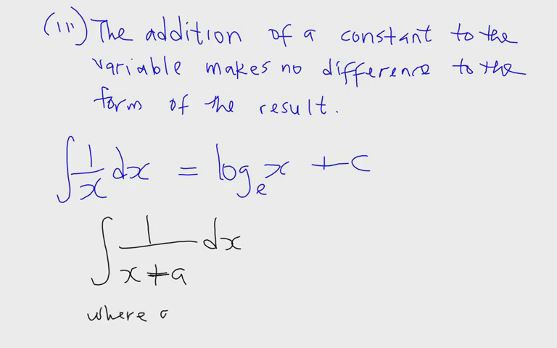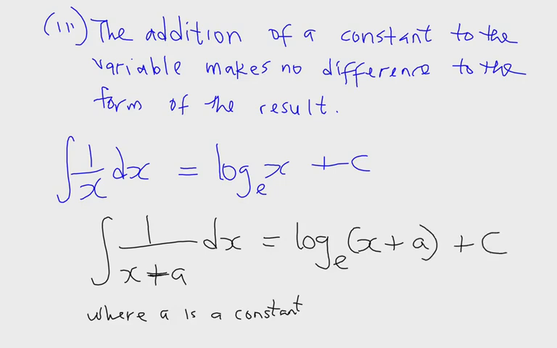In this case, a constant has been added to the variable, so it makes no difference to the form of the result. So the result here will now be natural log of x plus a, and then plus c.